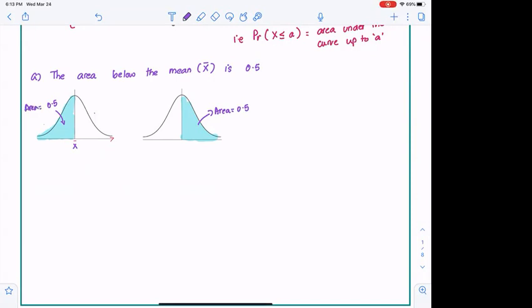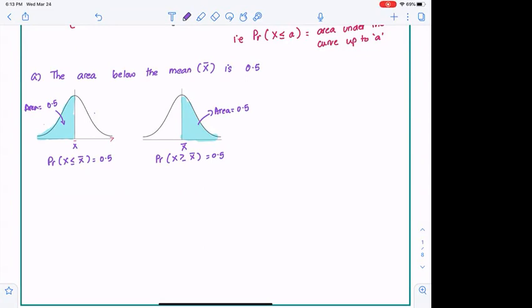So probability of x less than or equal to x bar is 0.5. Probability x greater than or equal to x bar equals 0.5. So the area below the mean is 0.5, area above the mean is 0.5.